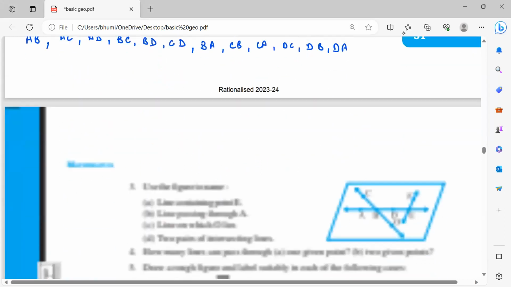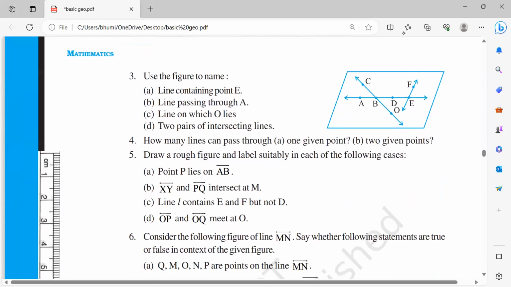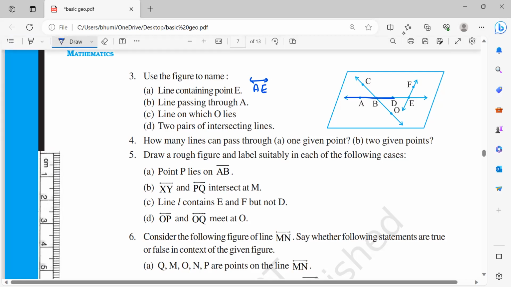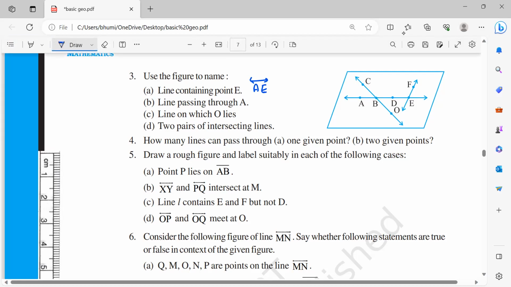Coming to the third question: use the figure to name the line containing point E. We have to name a line which has point E in it, which is the line AE. Always mention this as line. This line is passing through A, so we will name it as AE only. Then the line on which O lies.